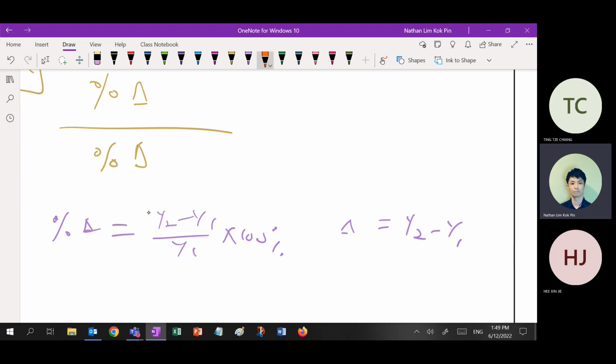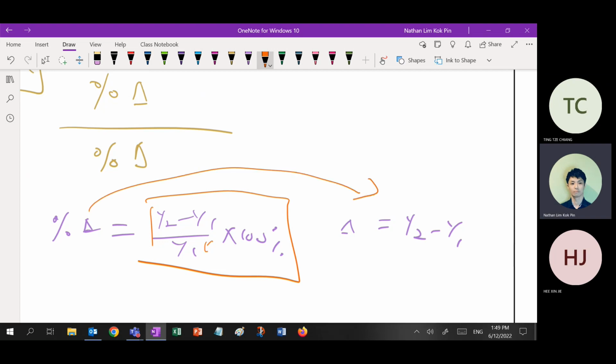The reason some of you don't understand the equation is that most of you never divide by the denominator and multiply by 100%, so you got the wrong value. You think this one is equal to this one. Actually, no, they're unequal. Gradient is not elasticity, and elasticity is not gradient.